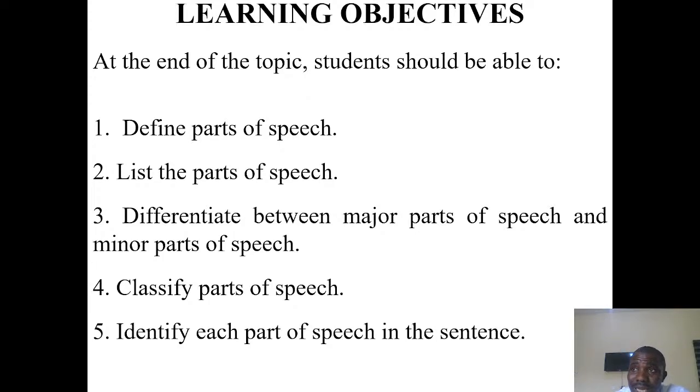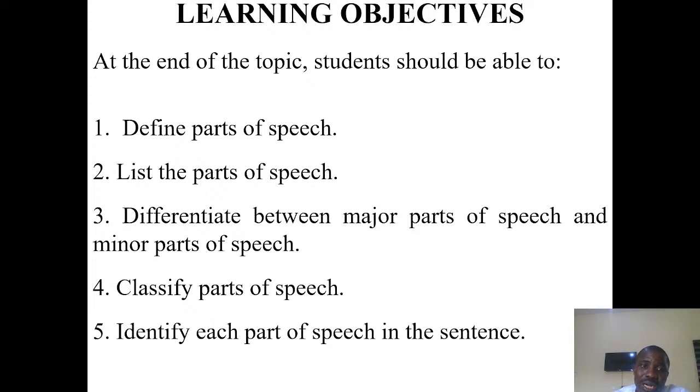Even within parts of speech, we have key differences, and we have differentiated them into major and minor. What makes them major and what makes them minor? You will know it soon.